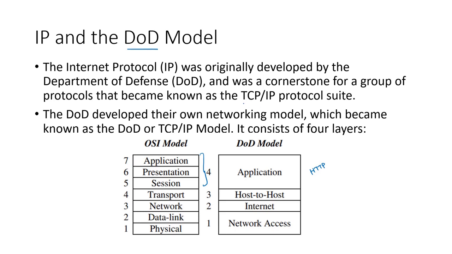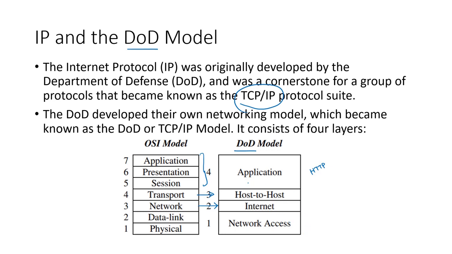But in real world development, most developers use the TCP/IP protocol suite, which is nothing but the DoD model, developed by the United States Department of Defense. The transport layer is called the host-to-host layer in the DoD model, the network layer is called the internet layer, and the data link as well as physical layers are shrunk into a single layer called the network access layer.